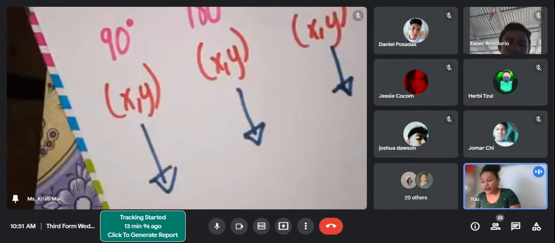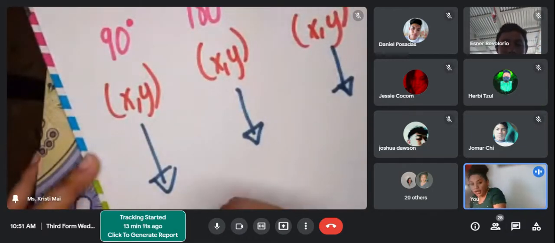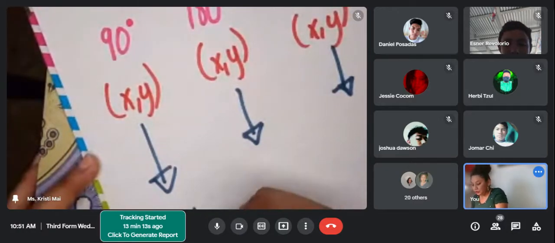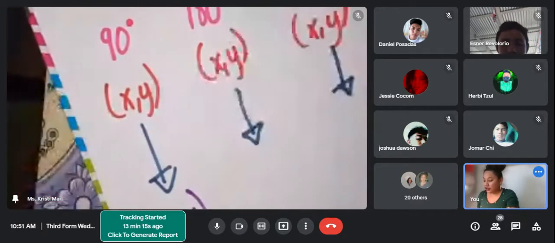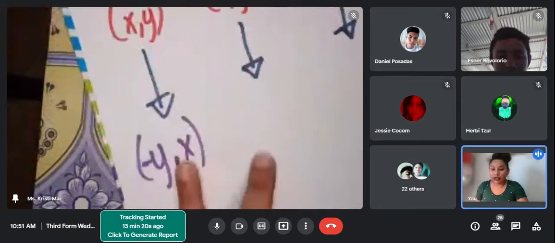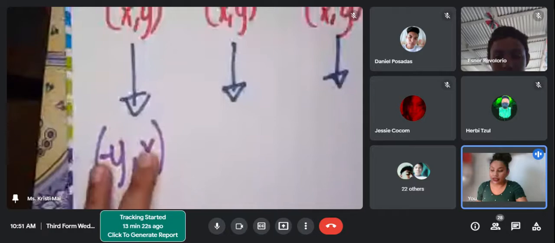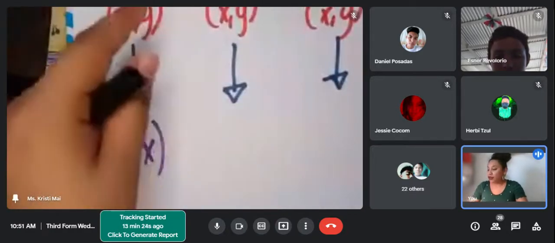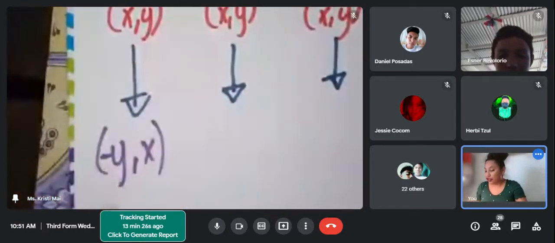All right. Now, yesterday we did one example where we had to change this coordinate into negative y, x, and this is specific for the one that is 90 degrees. So we have xy and then we have to change that to negative y, x.